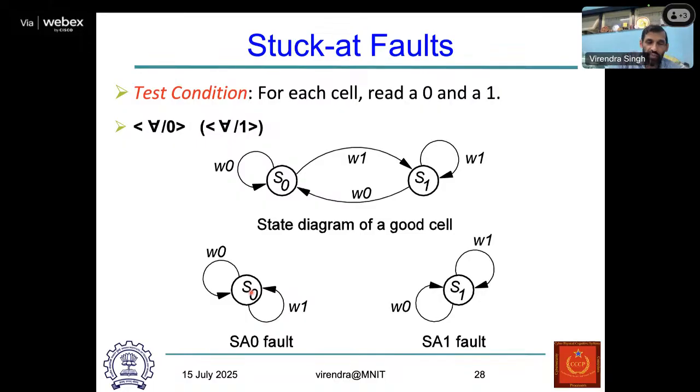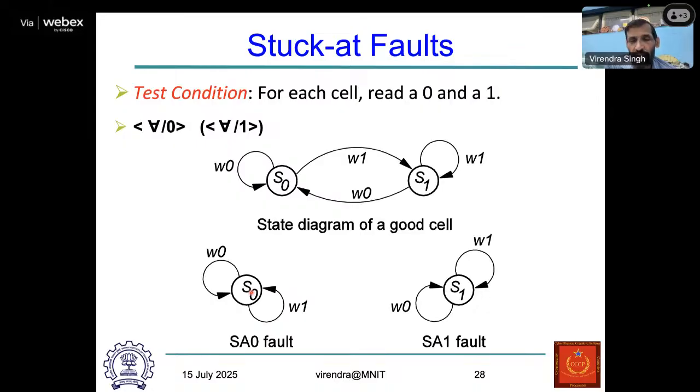So what I need to do is make sure that my cell is in state 0, which I can achieve by writing 0 into it, and then write 1 and check whether the cell has value 0 or 1. Good cells should have value 1, bad cells should have value 0.